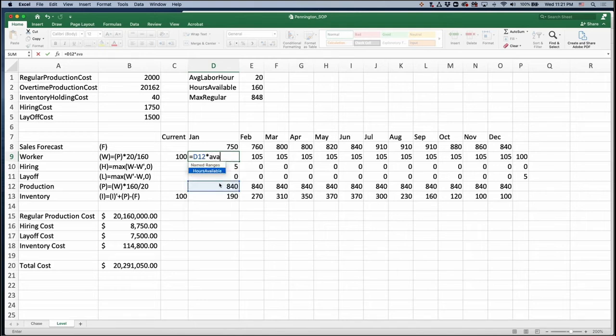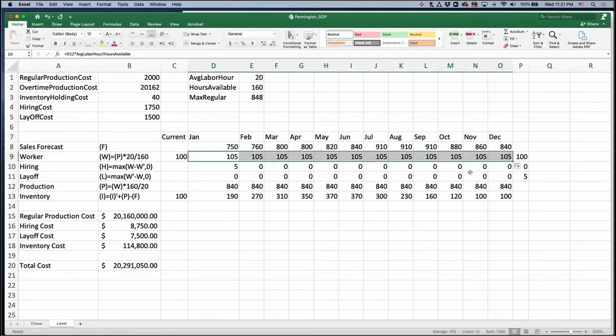That means it takes 20 hours per each quantity, and each worker can use 106, so then you can divide by hours available. That is actually our required work level, employee level, right? So we can use this information instead of this 160 information. So we have done level production.